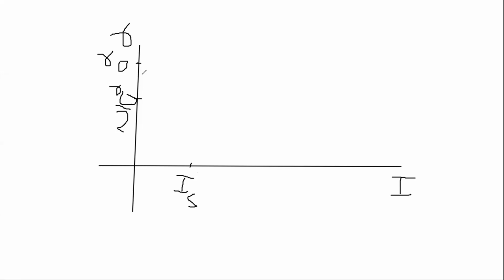Then the overall function will be something like that. As the intensity increases, the gain coefficient decreases. That's why it's not an endless process. It's a process that has a decreasing gain coefficient with respect to the increase in the intensity.